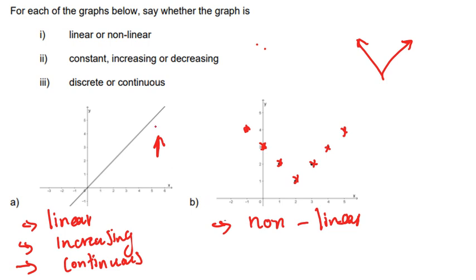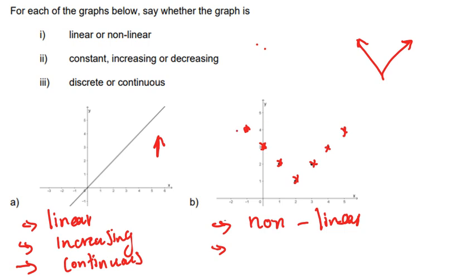Then, is our graph constant, increasing or decreasing? Wow, this is a part that you need to put focus on. If we look at our graph, reading from left to right, we can't say it only has one behavior. It changes. It has two behaviors, or two trends.